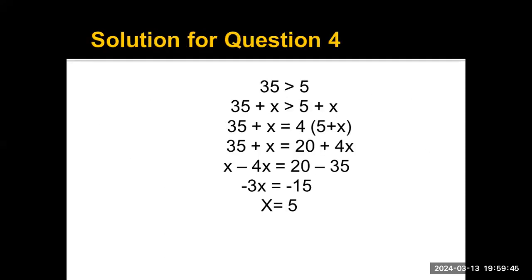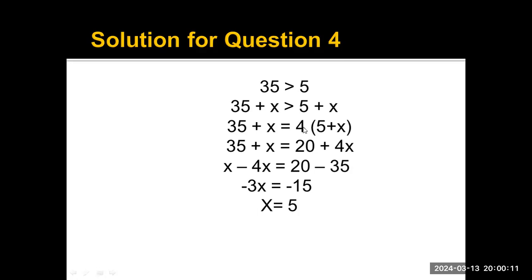It is referring to an equation, and that is 35 plus x equals 4 times (5 plus x). So we need this equation to solve for the number of years that must pass so that the father's age will be 4 times the age of his son. Okay?